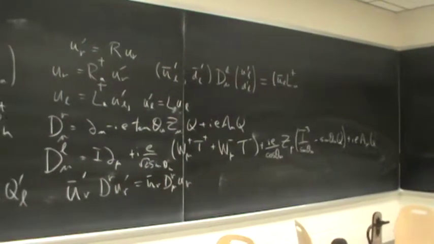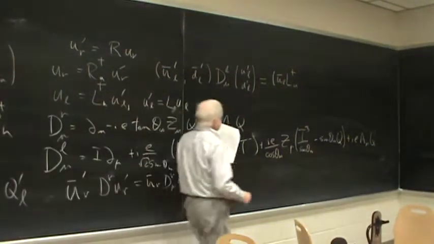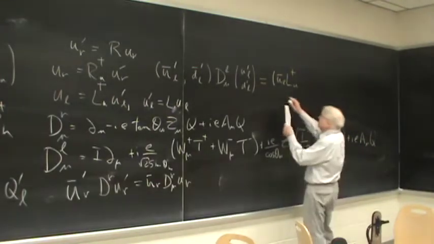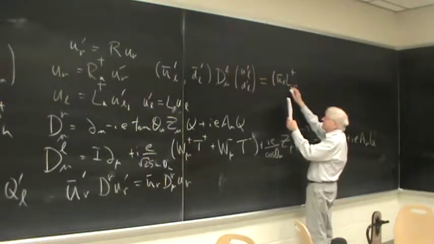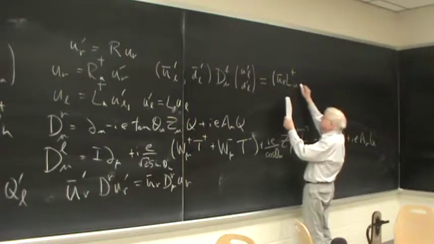Okay, all right. So I guess it's okay. So this is U bar left, L dagger up. So this is a 3x3 unitary matrix.